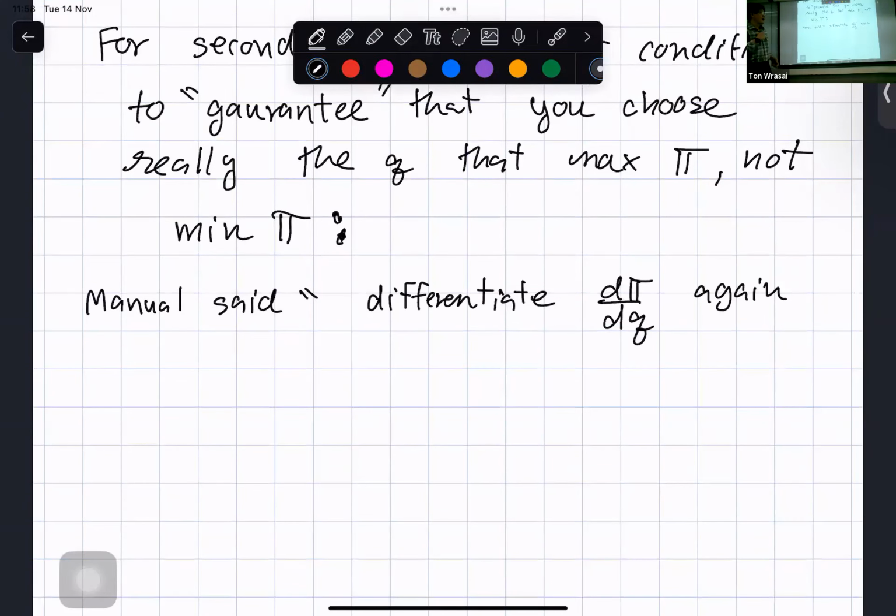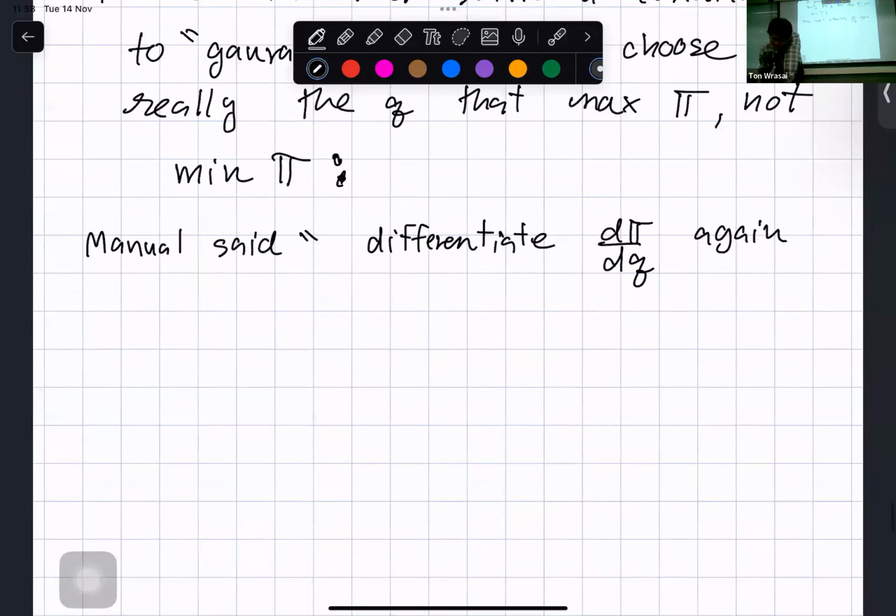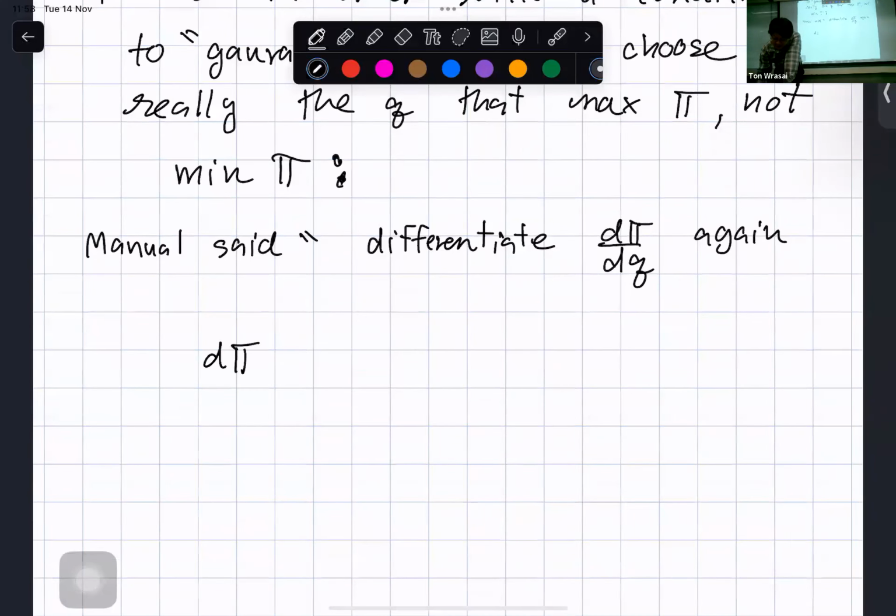Just simply said, differentiate the first order again. Differentiate this, what we did in step one, one more time. Okay, let's write down what we have now. What we have is this, and differentiate this thing again.